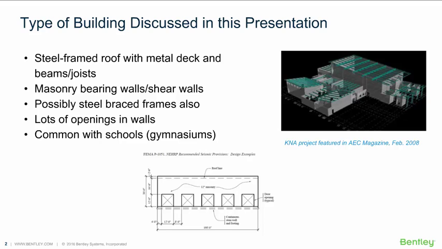We chose to talk about this type of structure for a couple different reasons. First, it's a fairly common type of system, obviously, but maybe one that doesn't get addressed quite as much as a pure steel or a pure concrete framed building. Also because there are a few nuances in the settings, both in setting up the model properly and in getting your analysis settings correct to make sure you're doing things properly.